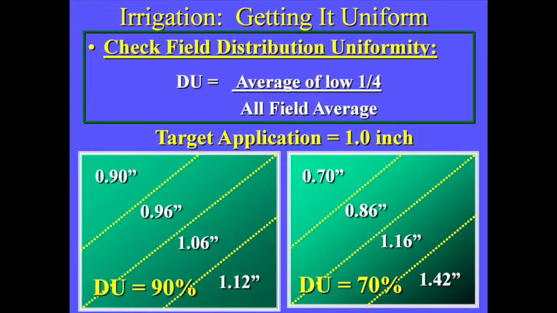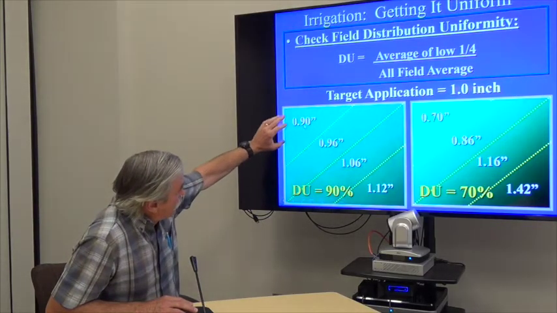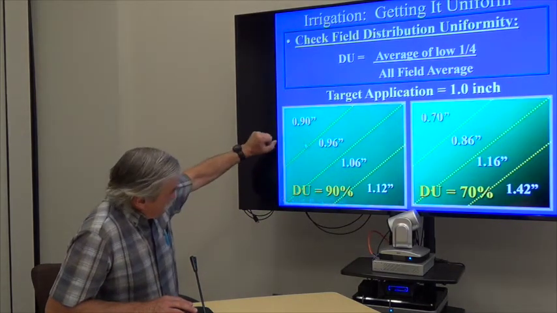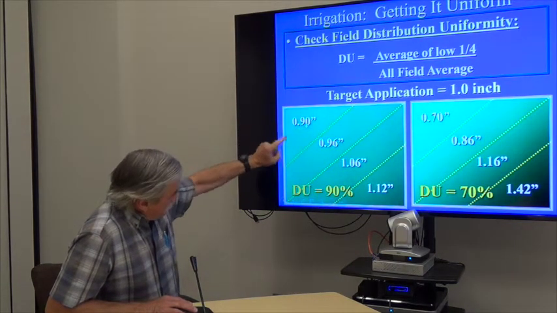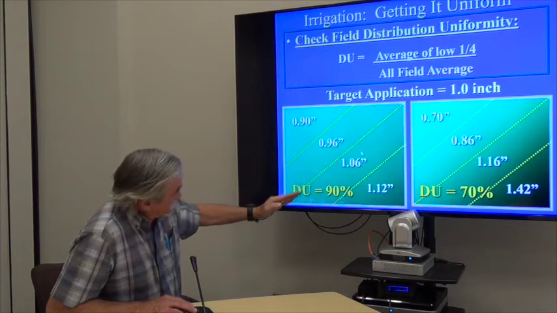This is a 1-inch double line drip irrigated almond orchard, and here's a pretty good DU, 90%. The way that falls out is in your drier area at a 90% DU, that means your dry area is 90% of what the field average is.